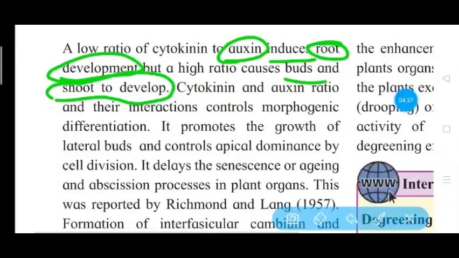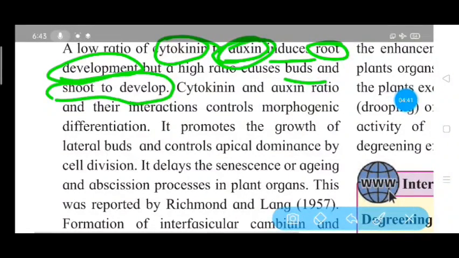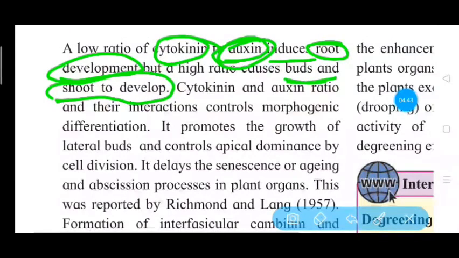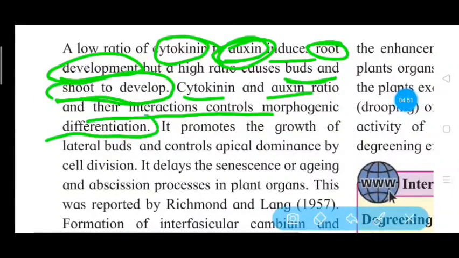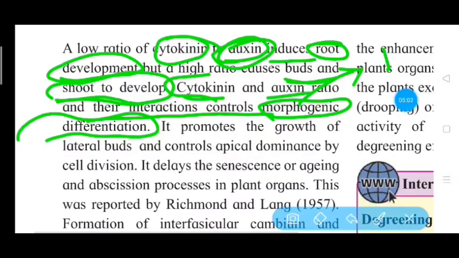If cytokinin is present more than auxin, then bud and shoot development takes place. The cytokinin and auxin ratio and their interaction control morphological differentiation, which means the formation of different plant parts, based on the ratio of cytokinin to auxin.